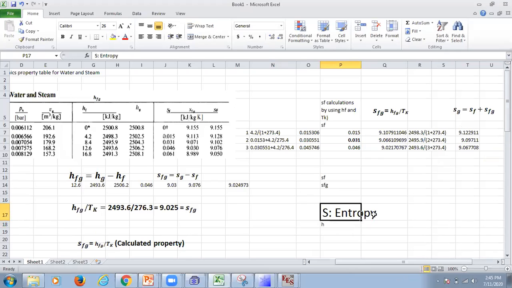Simple S means specific entropy. And H refers to enthalpy. Even here, small s and small h are for the specific entropy and specific enthalpy. Specific means this is for only 1 kg.